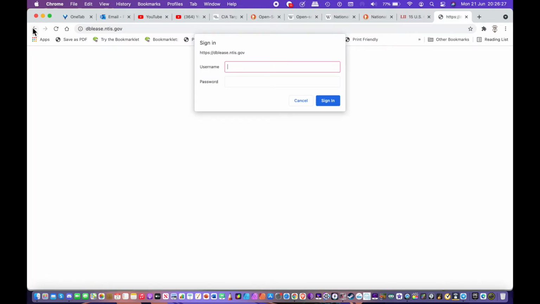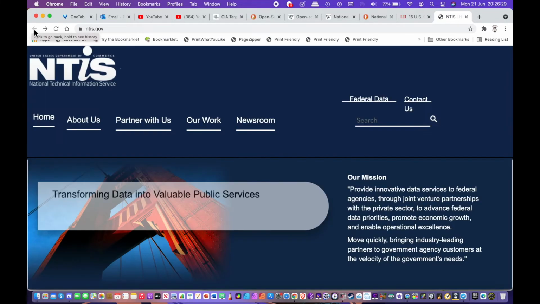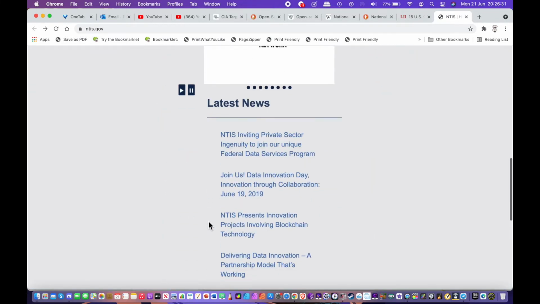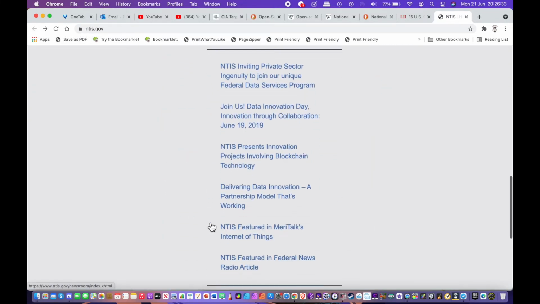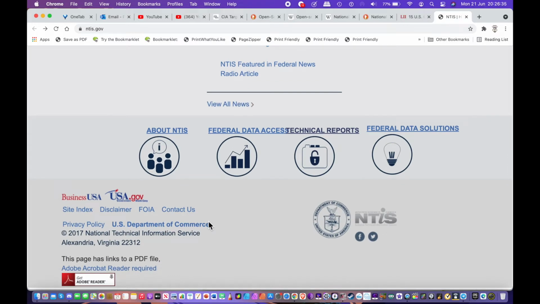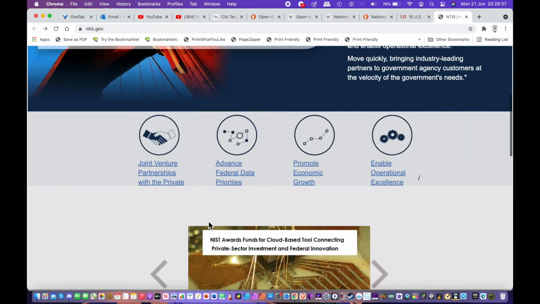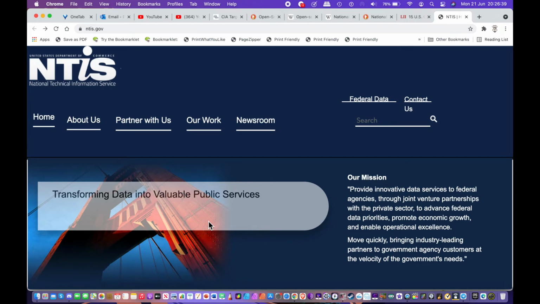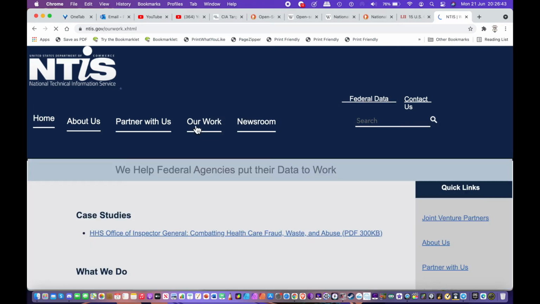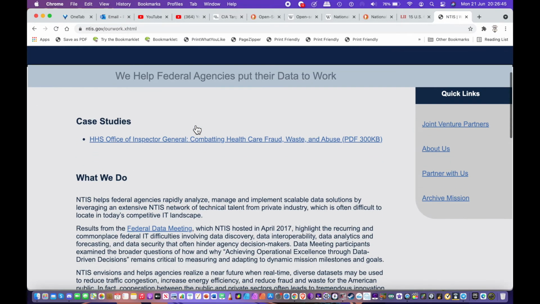Oh no, I can't access that because I'm not a government official. But it's one of those, I think, HHS, Office of Inspector General, Combating Healthcare Fraud.